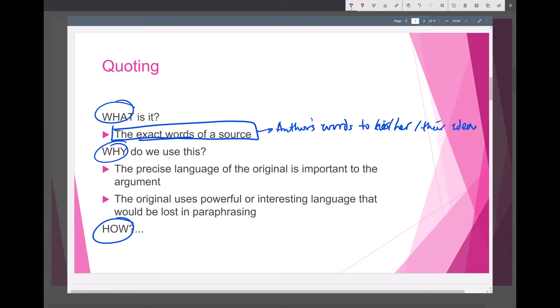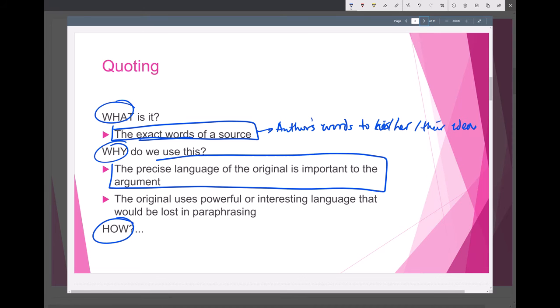And why do we use this? Well, in this lecture we give 2 reasons. One, precise language is important, where every word matters. It matters in your argument. You can explain every word, you can use every word as the detail, so all your details matter.